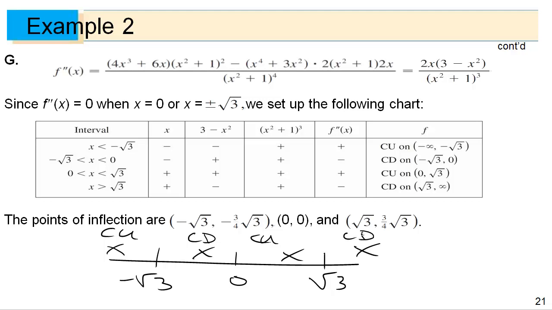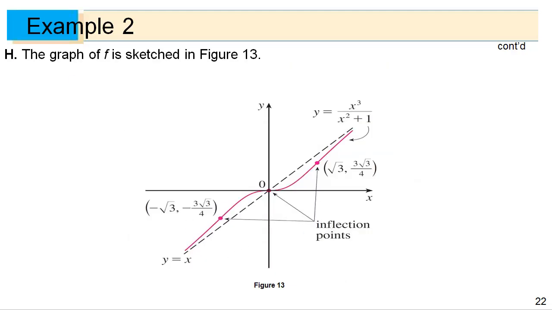So it goes up, down, right? So on this picture, in this interval here, concave up, concave down, and then on this interval here, right, concave up, concave down. Well, this one's very obviously concave down, that one's very obviously concave up, but it's very hard to see that this is concave down and this is concave up.